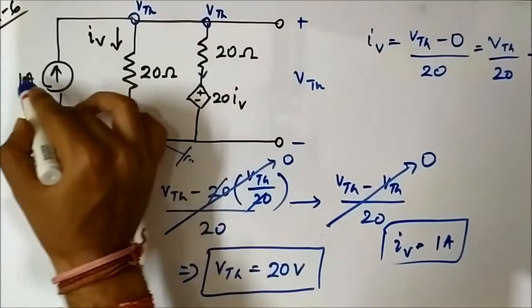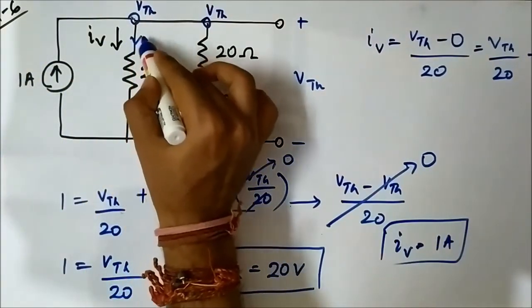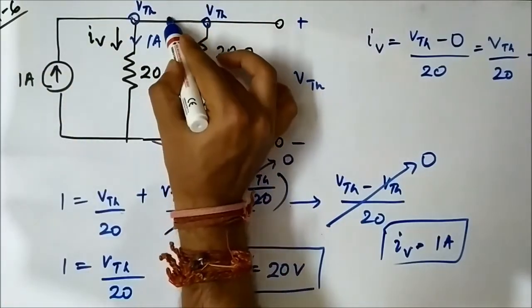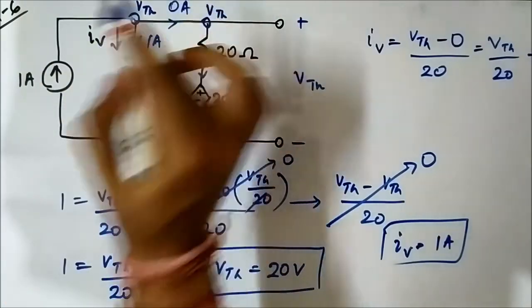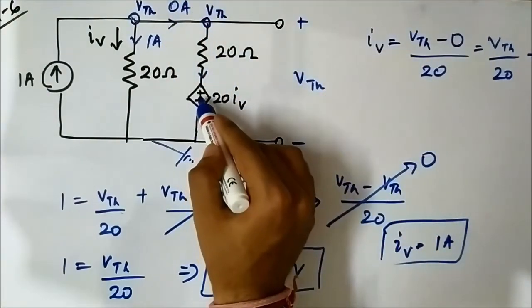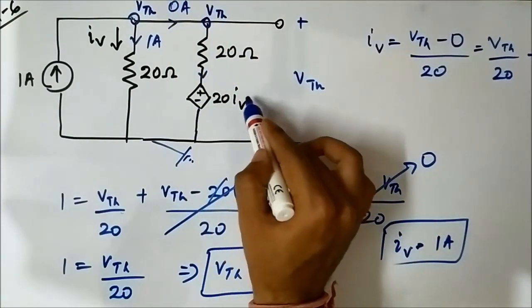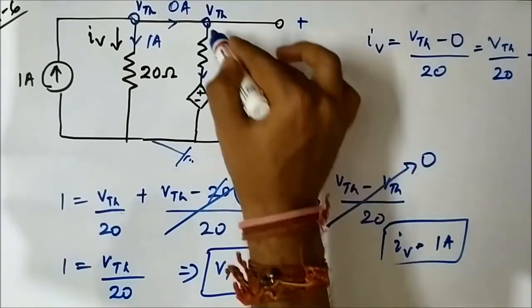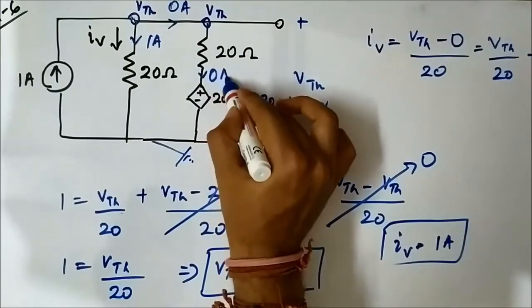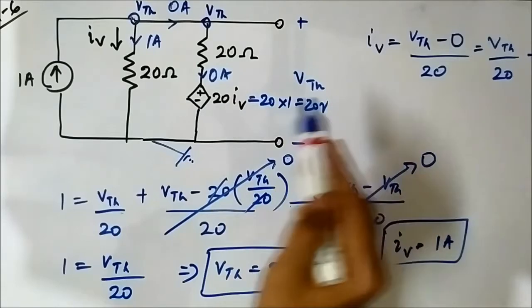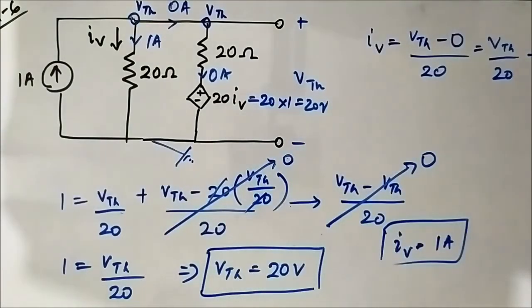It means this 1 ampere is flowing through this resistor 20 ohm entirely, and no current is flowing through this, which is proven here because VTH is only equal to 20 IV, which is 20 into 1 ampere, which is 20 volt. No voltage drop across this 20 ohm resistor. So VTH is entirely plus minus 20 IV, which is 20 volt. So VTH is calculated. Now let us calculate RTH.